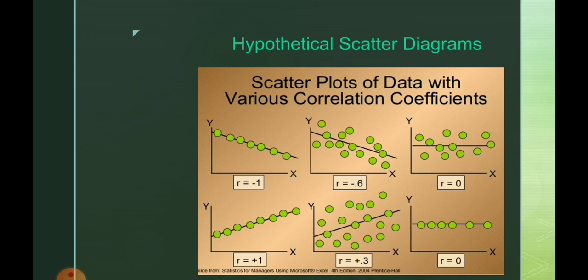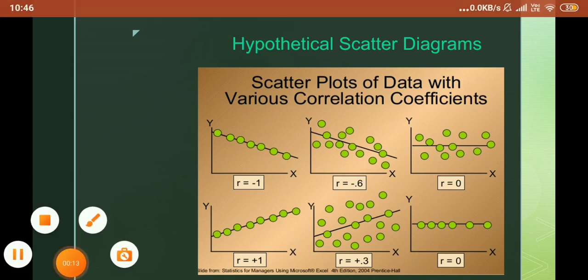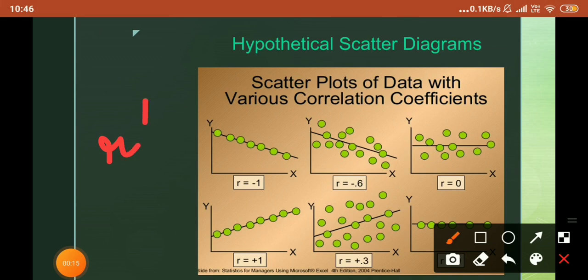We know that the value of r lies between 1 and -1. If it is -1 or 1, that is called perfect correlation. -1 means negative perfect correlation, 1 means positive perfect correlation, and perfect means all the points lie on the line.